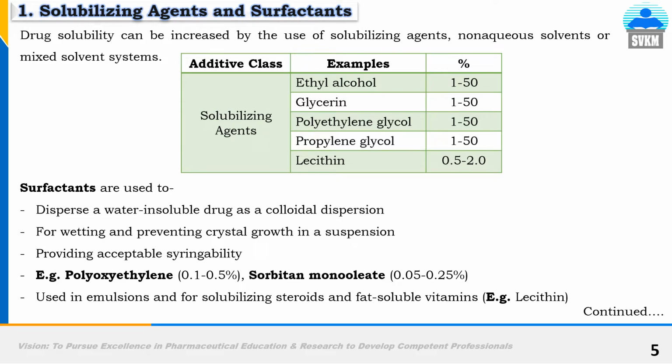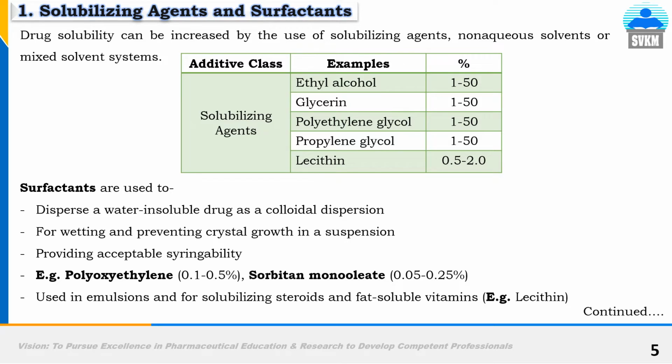We can also utilize surfactants in dispersion systems. They have different roles, like they are used to disperse the water insoluble drug as colloidal dispersions. They are utilized for wetting and preventing the crystal growth in the suspensions. They are also utilized for acceptable syringeability.